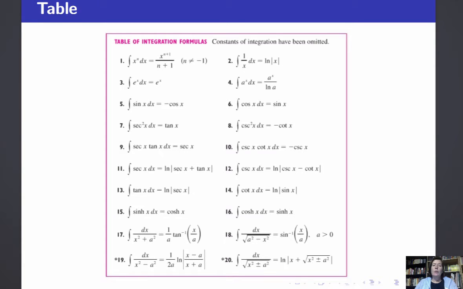Now, when you use these methods in later courses, most likely you're going to consult a table of integrals for basic integrals, and it's going to look like this. It's pretty standard.